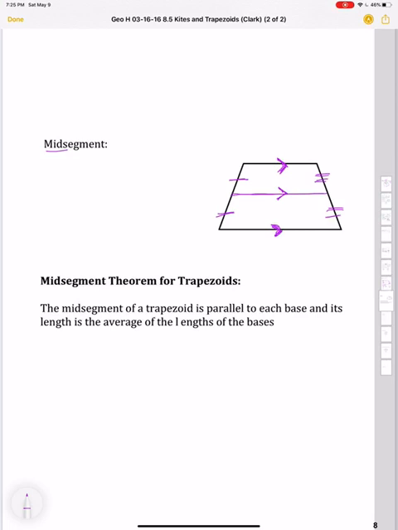So the mid-segment is parallel to each base, and how long is it? That's a very popular question to find. It's the average of the lengths of the two bases. So to find the length of the mid-segment, you would do base 1 plus base 2 and divide by 2 to find the average.